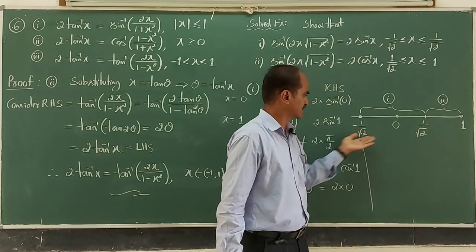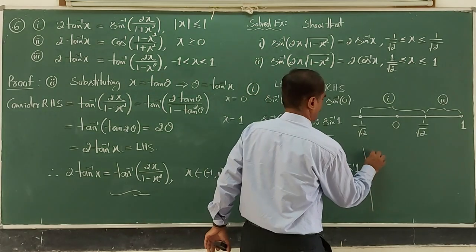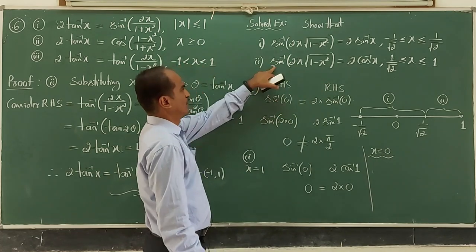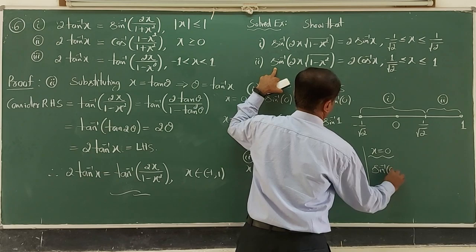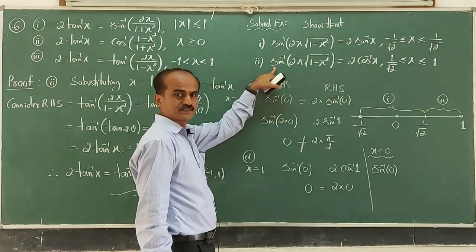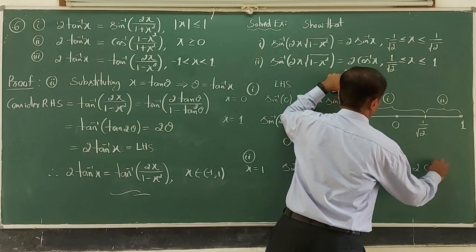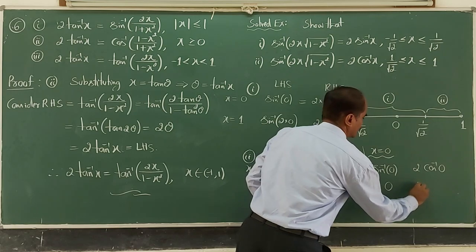Now let us take an x value not in this range. I will take an x value in this range. Conveniently I will take 0. Taking x equal to 0 now, what is LHS? It is sine inverse of 0. What is RHS? 2 times cos inverse of 0. Sine inverse of 0 is 0.